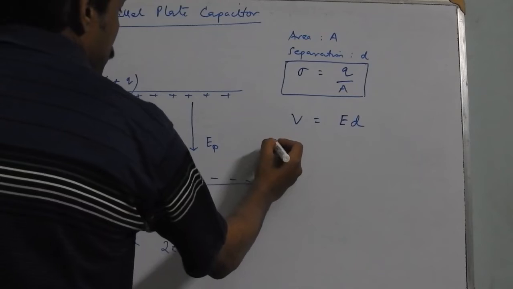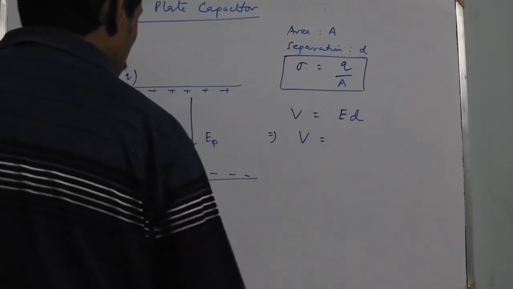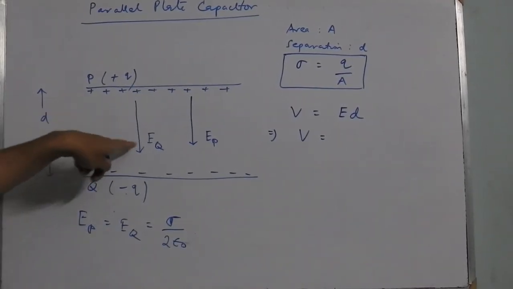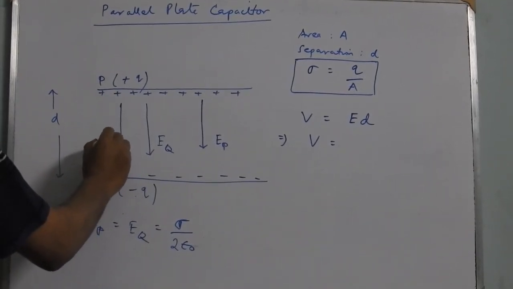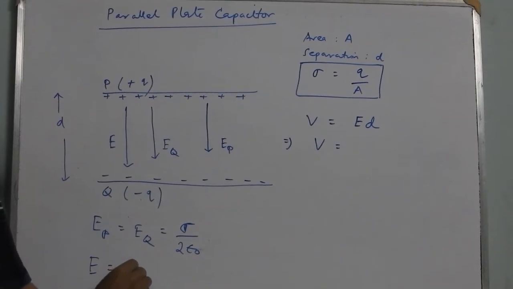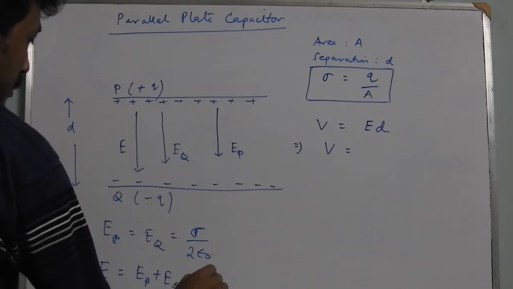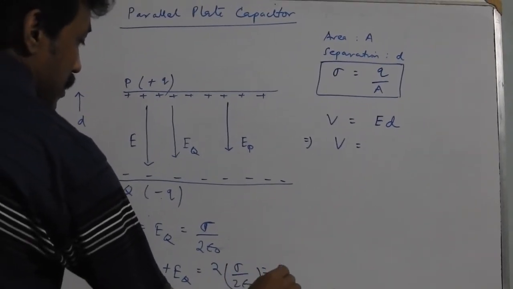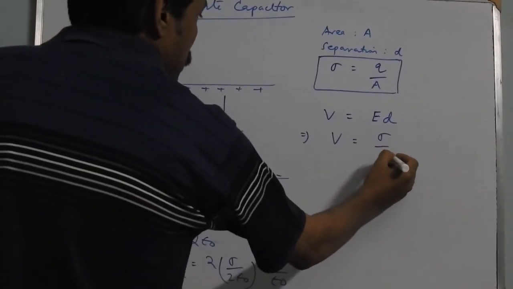Which means that the potential difference between the plates is sigma by 2 epsilon 0 plus sigma by 2 epsilon 0, because the net field E will exist in this direction from the positive to the negative plate, and E will be equal to EP plus EQ, as both are the same values. This is twice of sigma by 2 epsilon 0, that is sigma by epsilon 0. So this will give you sigma by epsilon 0 times d.